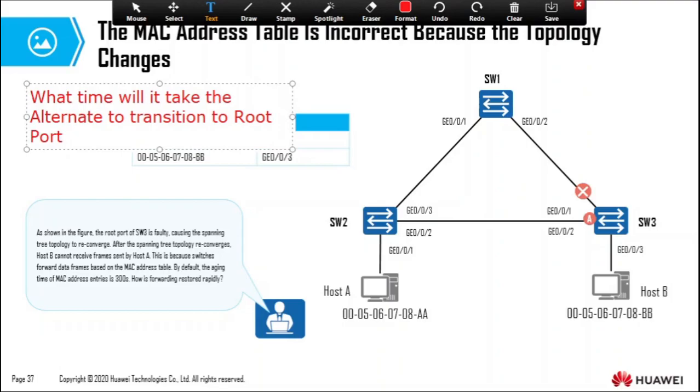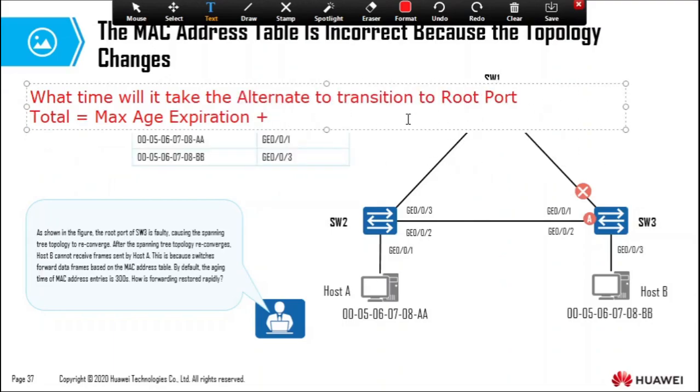So the total time for this transition is the maximum age expiration plus twice the forward delay.